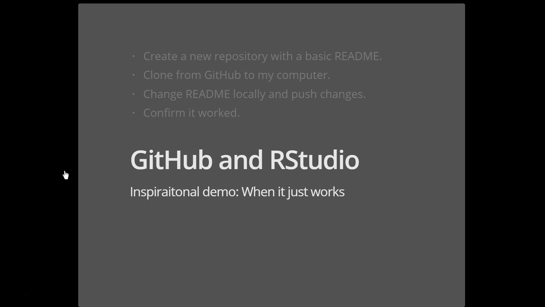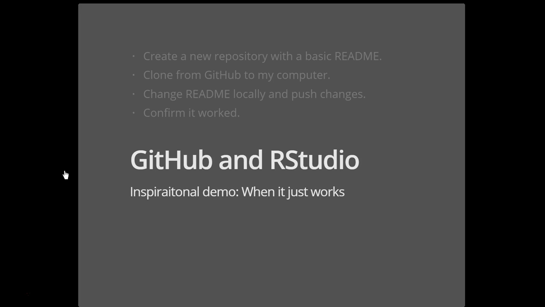So I'm going to show you the ideal scenario when everything just works because you already have everything configured. I'm not going to cover configuration because that can be pretty painful. Sometimes it's not, many times it's not, but more often than not it is, and you need to do some reading before you can connect to GitHub.